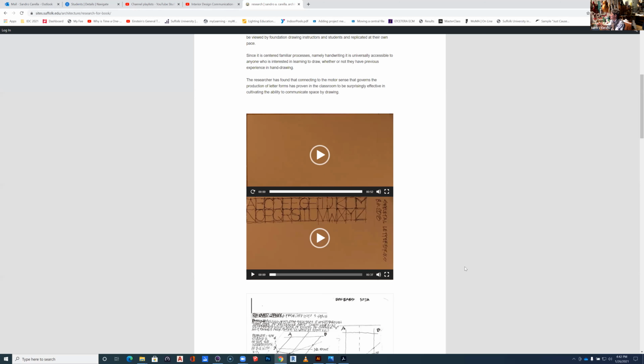Then the second part of the exercise, we're going to take those letter forms and try to transform them obliquely. Does everybody know what I mean by oblique? Oblique means, English is a wonderful language, and the language is very rich with terms. Oblique basically means inclined at an angle.